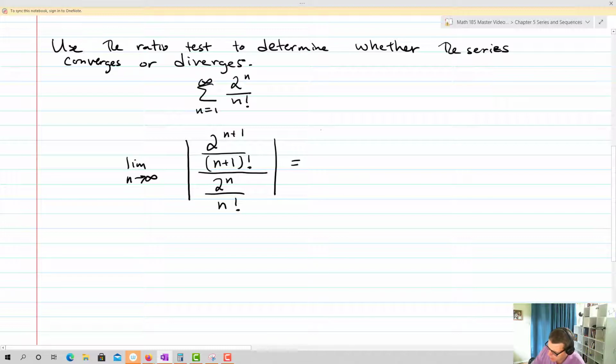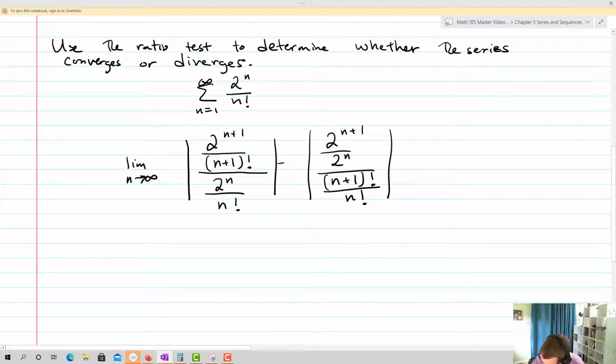Now we'll have to do a little bit of work. This is going to be 2 to the n plus 1 over 2 to the n, divided by n plus 1 factorial over n factorial, in absolute value, as we find that limit as n goes to infinity. What we'll notice is that the top part is going to be 2, and the bottom part, if you don't know this already, is n plus 1 times n factorial over n factorial.